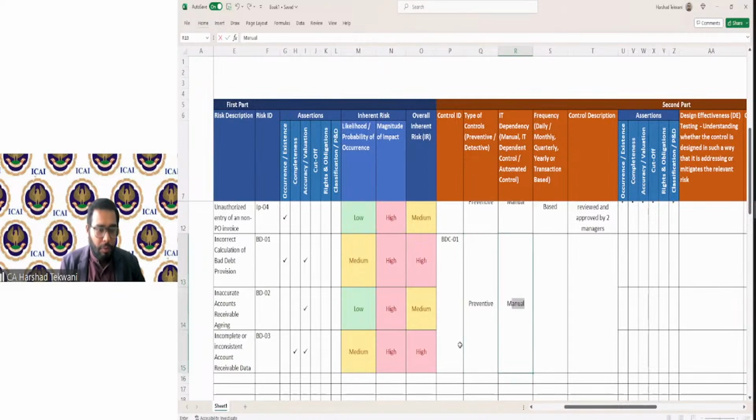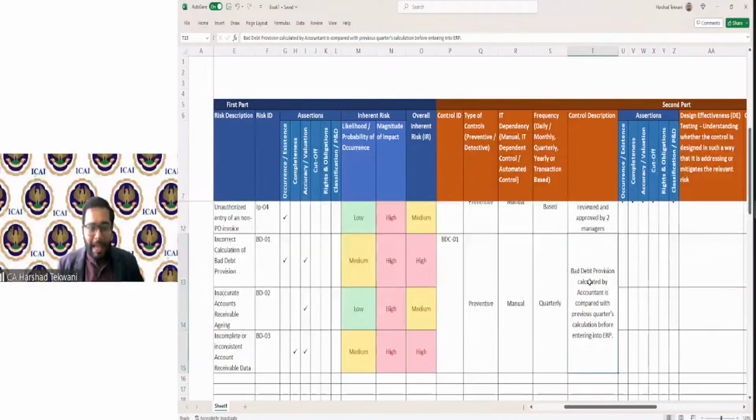Okay, it is a manual control and it is quarterly. The bad debt provision calculated by the accountant is compared with the previous quarter's calculation before entering into ERP.